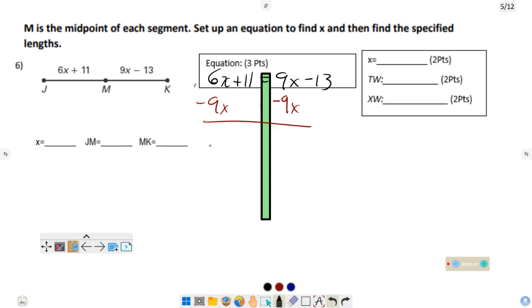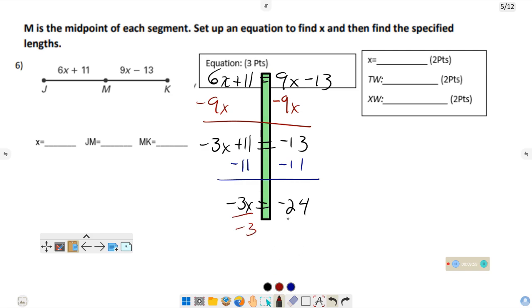But we shall see. -24 divided by -3, divided by -3. All right, so x would be 8.